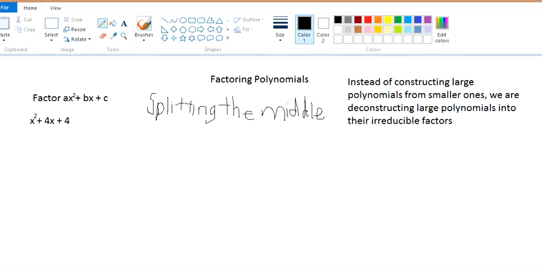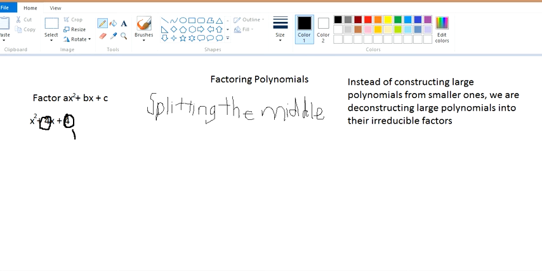We'll have to find the factors of c that add to give us the coefficient b. And then after that, we split the middle term into two terms that multiply to give us c, however add to give us b. So let's try that with this polynomial.